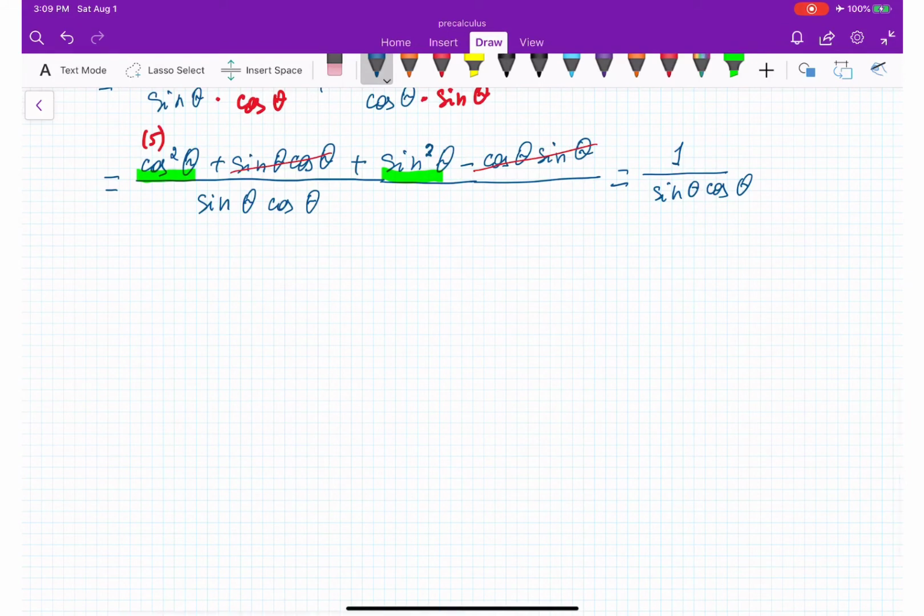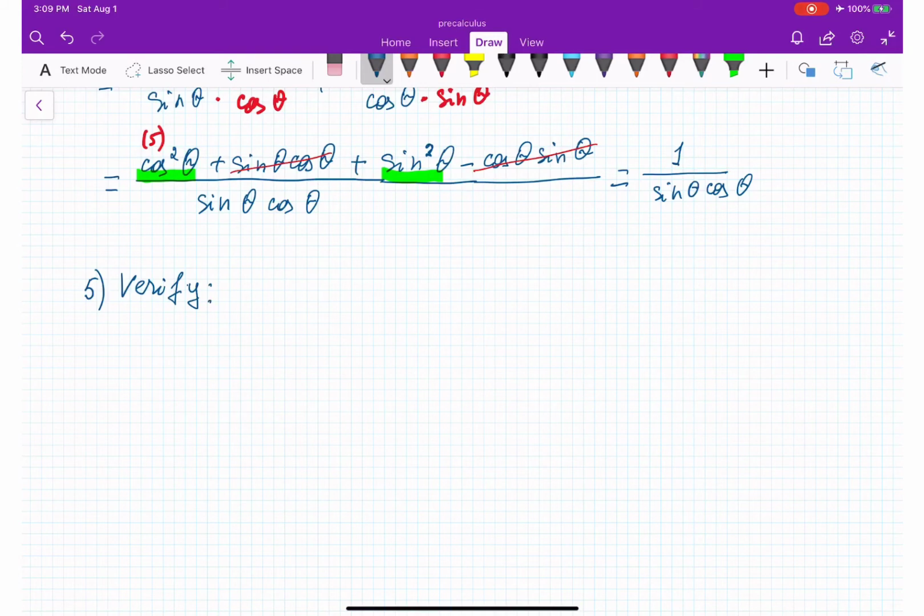Question number 5. I'm going to solve 6 problems here. Okay, here we need to verify the following identity.